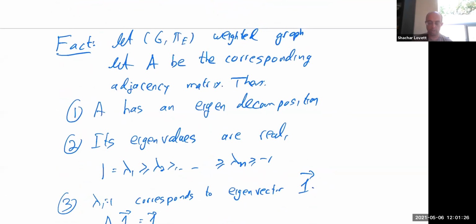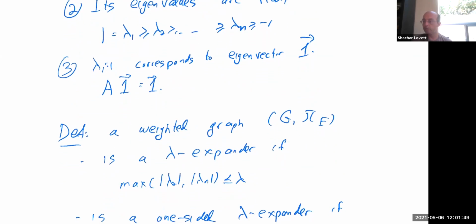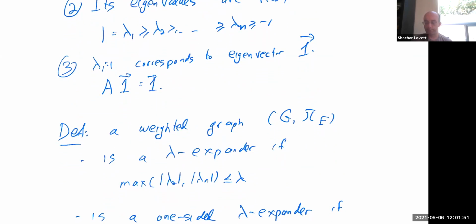We used this to say that weighted graphs with these specific adjacency matrices have a nice spectral decomposition, exactly the same as for regular graphs. And when they act on the right, the eigenvector corresponding to eigenvalue 1 is just the all-ones vector.